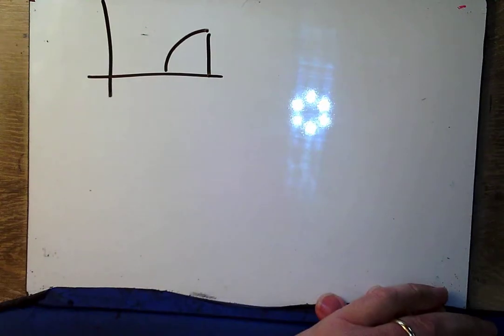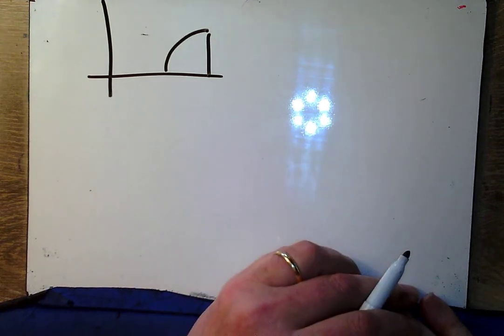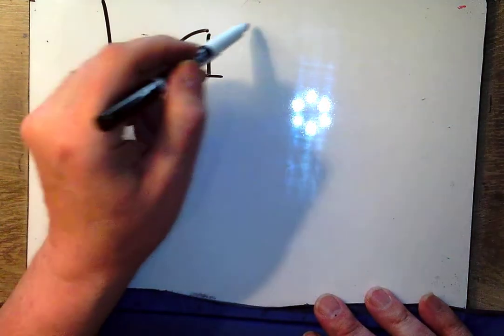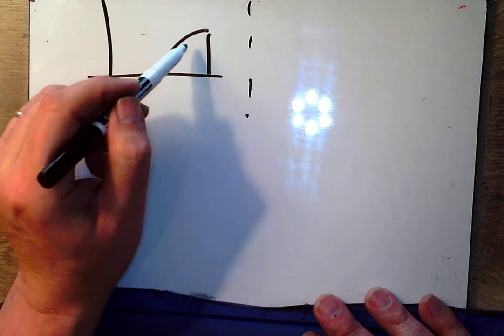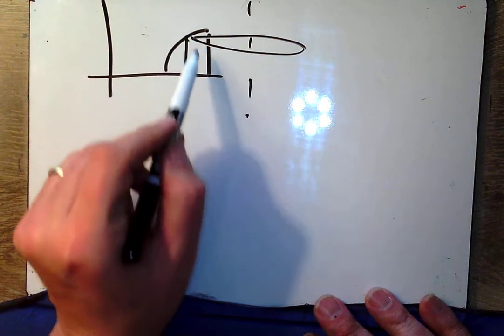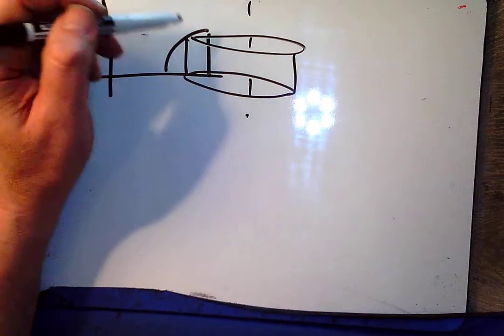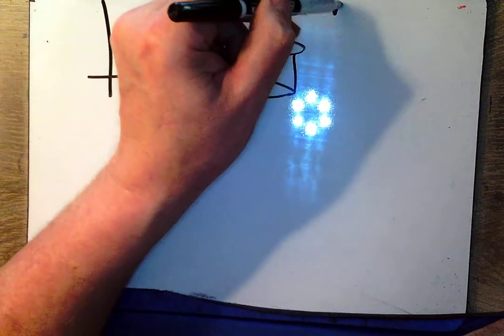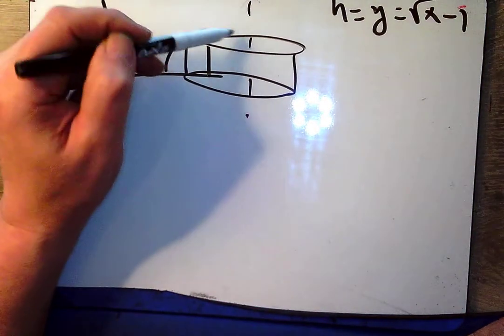There's our region. Oh, that was 6, and I did that with shells as well. I did washers. Shells. Yes, I did shells. I think. Maybe not. Okay. 6 with shells. So h equals y, or square root of x minus 1.